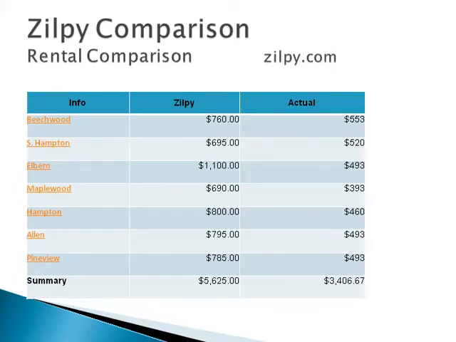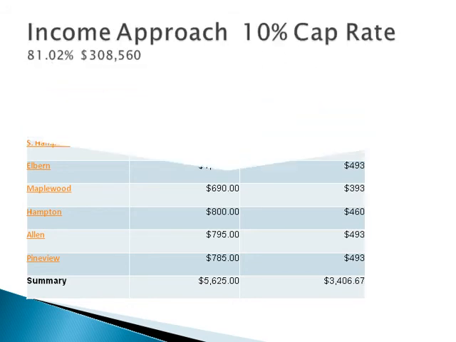We went to a site called Zillow, which does rental comparisons, and their figure was $5,600 is what the market rent would be on these properties. So we want to keep it real conservative. The old saying: pigs get fat, hogs get slaughtered. We want to keep our residents in here and beat the competition. I really think that's a big key to all of this.